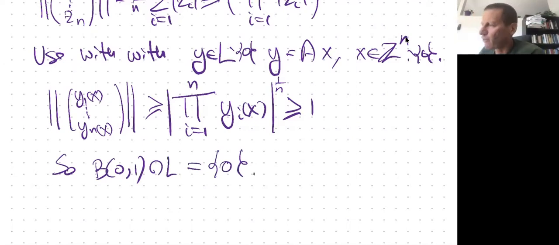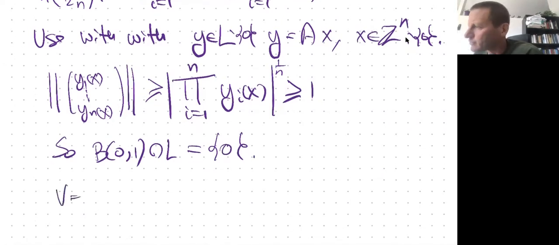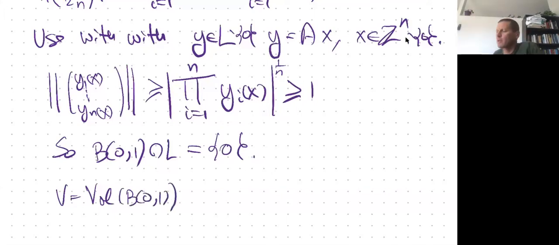And let's compute the volume of this ball. We're going to use Minkowski's theorem with this ball playing the role of the compact set. So this is a ball with respect to the L1 norm, but it's been dilated by a factor of n. So I'll write down the formula and then you'll understand why.